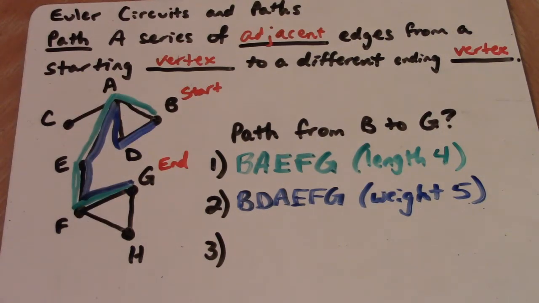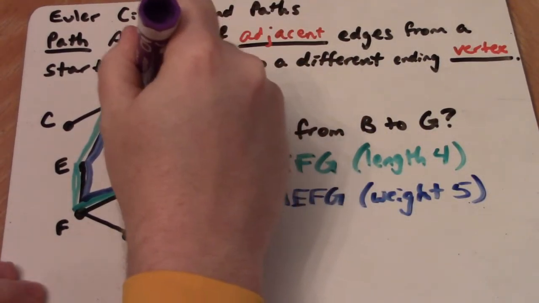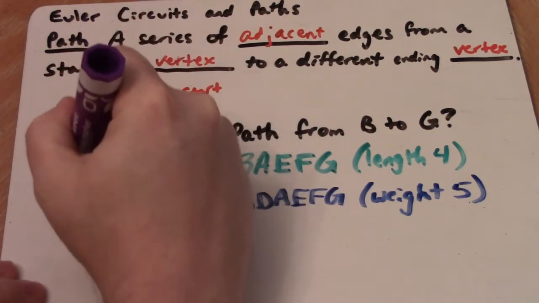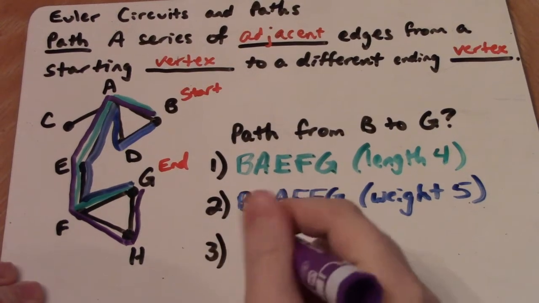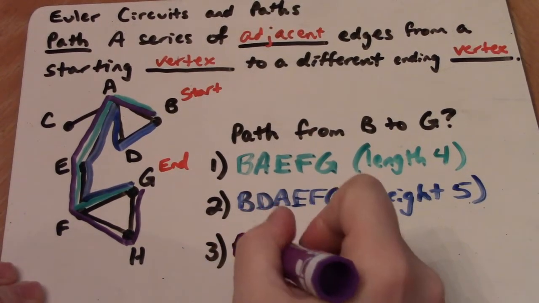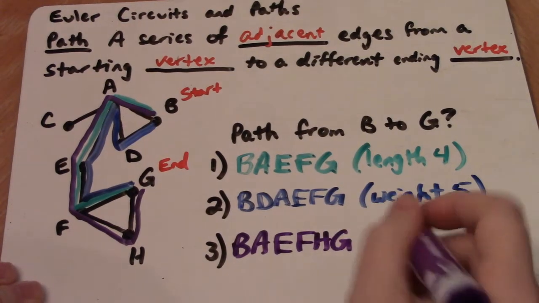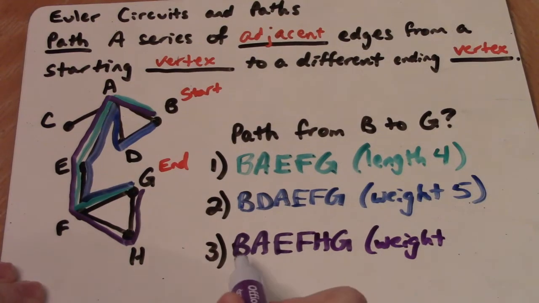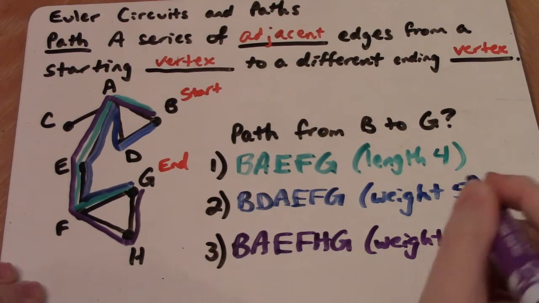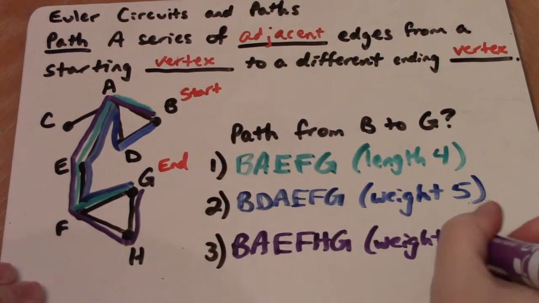There's one additional path we could have come up with from B to G. Actually, there's 2 more. We could have gone from B to A to E to F to H and then to G. Again, that would have a weight or a length of 1, 2, 3, 4, 5 edges.